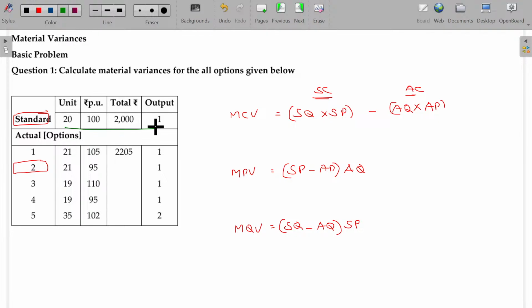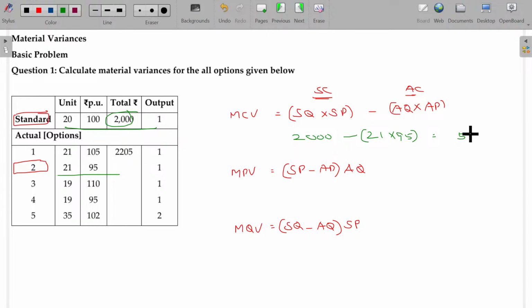Now standard cost being 2000, actual cost being 21 into 95. Come on, get me the value. It's only 5.